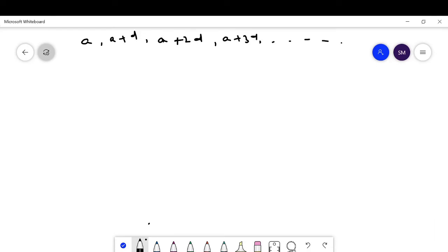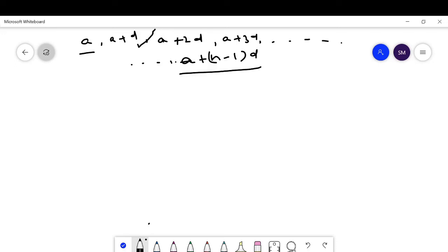In this way the nth term is A plus n minus 1 into D, in which the first term is A and the common difference is D.